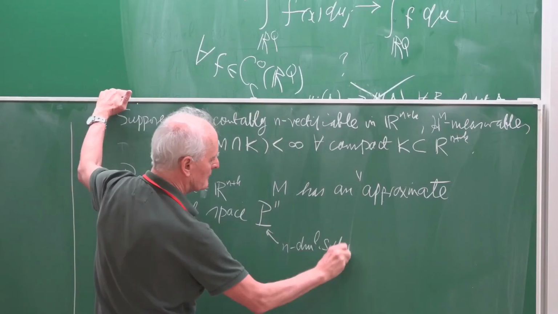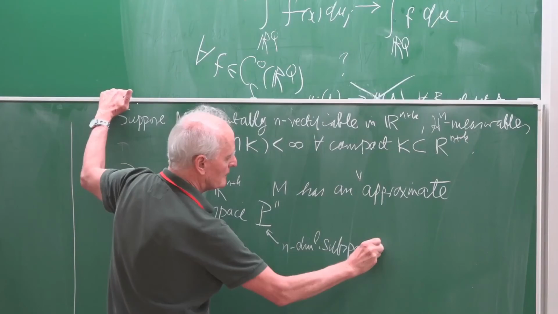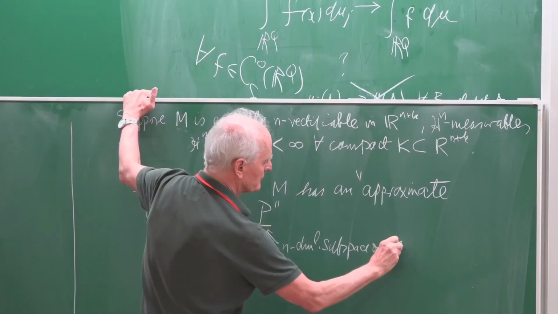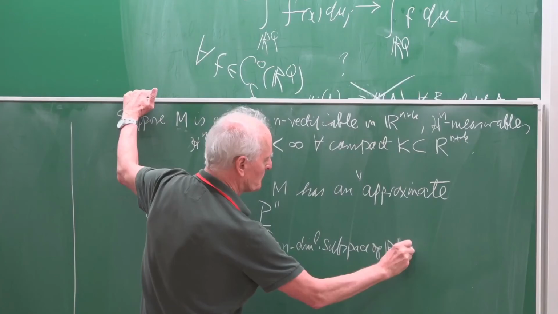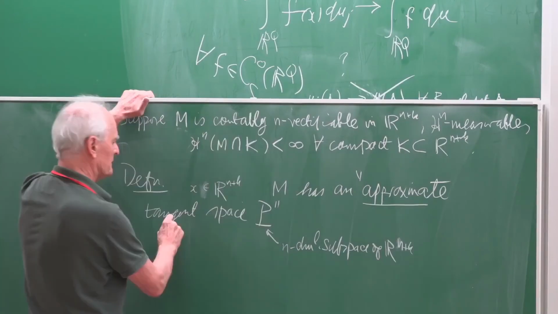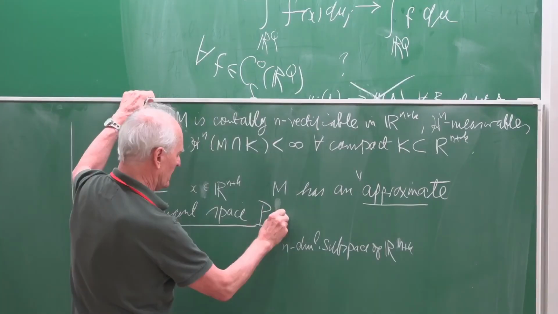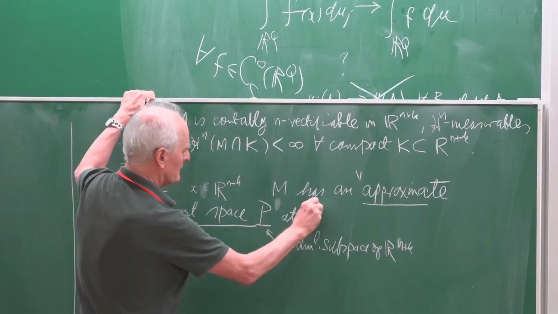We say that such a thing is an approximate tangent space for M at x if the following is true.